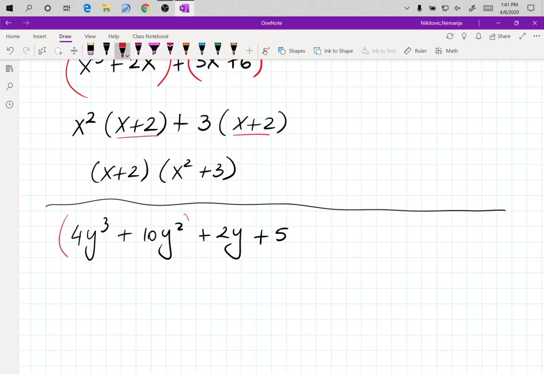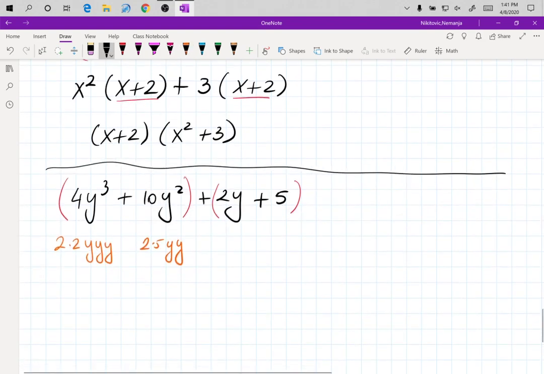So I'm going to group again like this and see what's common. If you need to write these broken down, go ahead. 4 is 2 times 2 and then 3 y's. 10 is 2 times 5 and then 2 y's.